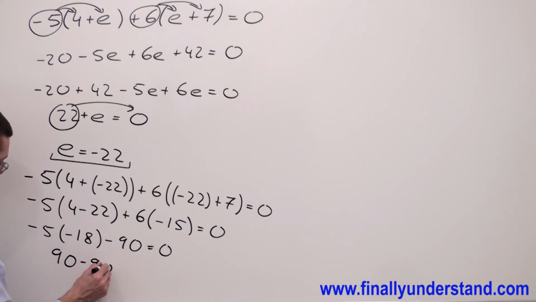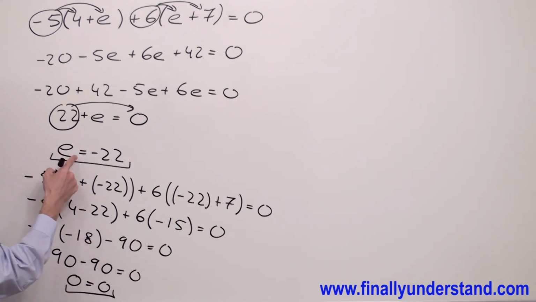Minus 90 is equal to 0. 90 minus 90 is 0 equals 0. As you can see, the left side of my equation is equal to the right side of my equation. That's why e equals -22 is the correct answer to my problem.